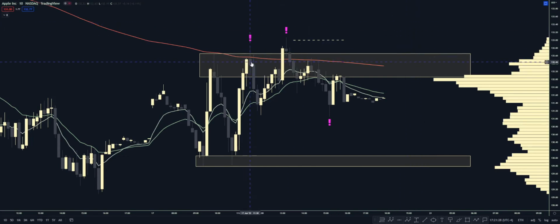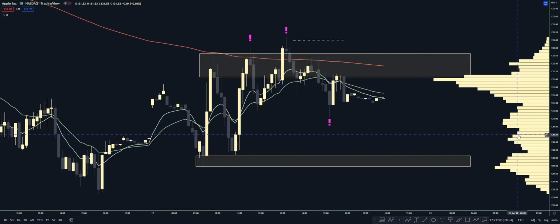If you would have waited to see if this 10-minute candle at 11:30 closed out of this zone before you went long, you would have seen that not only does it close back in the zone, but it also closes under that 200 EMA, and we know by now that that's an extremely strong resistance and support area. So those would have been two indications to not go long just yet. You never got confirmation, a close out of the zone. It ended up closing underneath that 200 EMA.